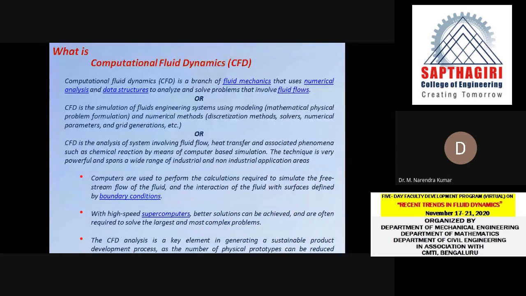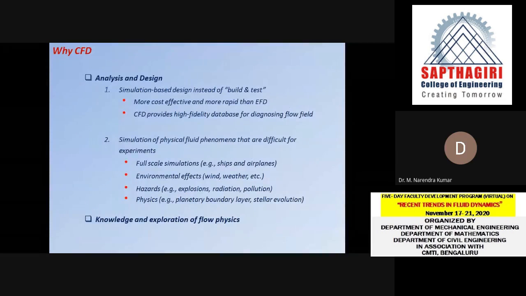The third approach we call the computational fluid dynamics. Why CFD here? It is used in the analysis and design. So simulation-based design instead of building and testing. It is more cost effective and more rapid than EFD. EFD refers to experimental fluid dynamics. CFD provides a high fidelity database for diagnosing fluid flow problems.